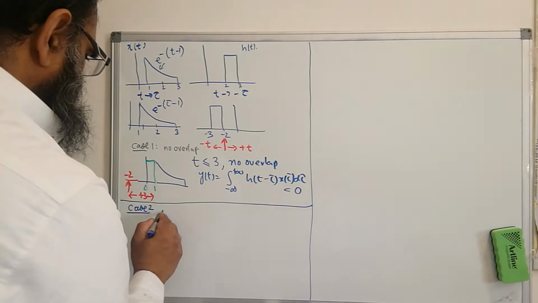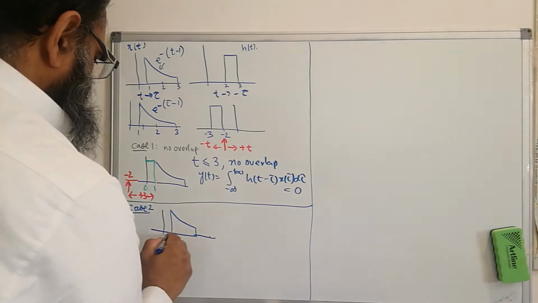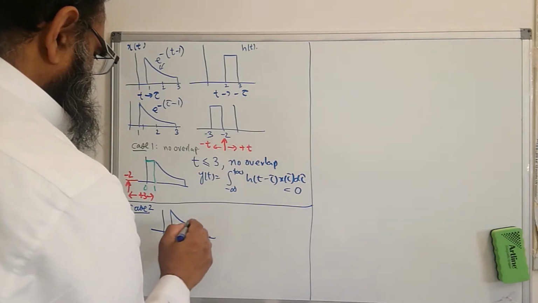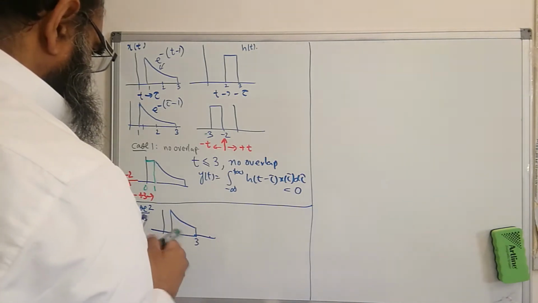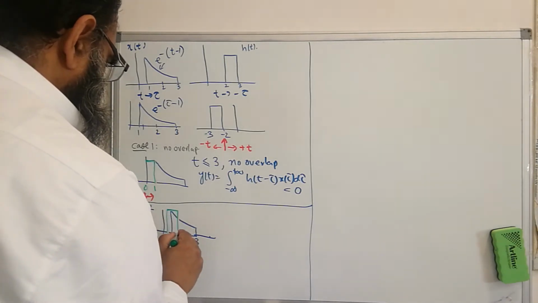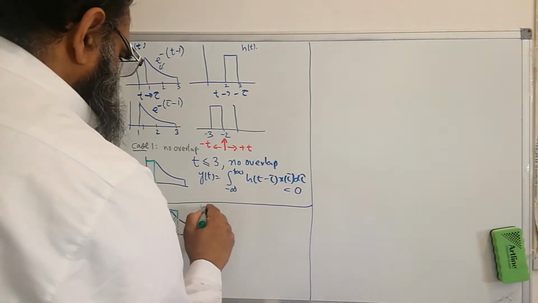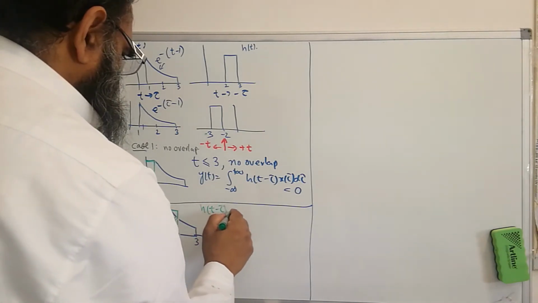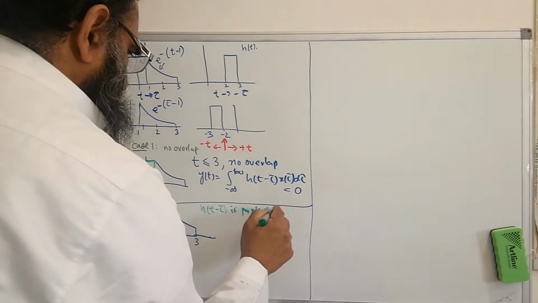So I have my x of tau from 1 to 3, and h of t minus tau is partially inside.